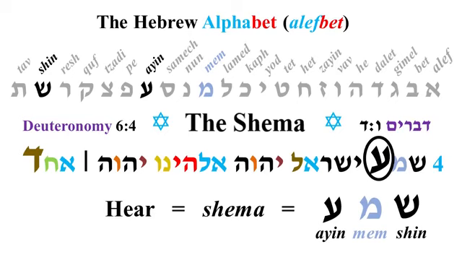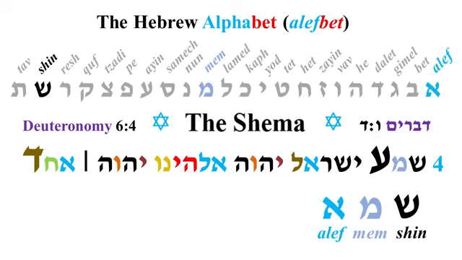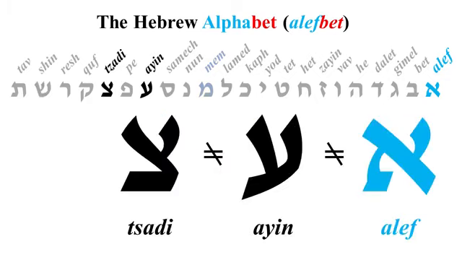The word Shema, we said, means hear, right? Hear, O Israel. If I just asked you how you'd spell Shema, and you didn't see this here, you'd think Shin, Mem, and you might be inclined to say Aleph. But remember I told you way at the beginning that ayin is not a tzadi, even though they look alike, and ayin is not an aleph, even though they sound alike.